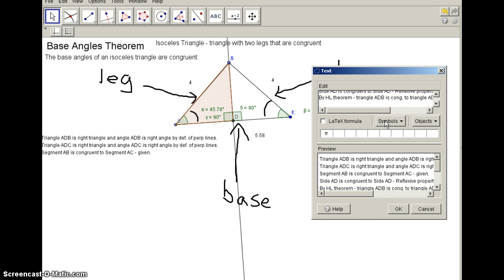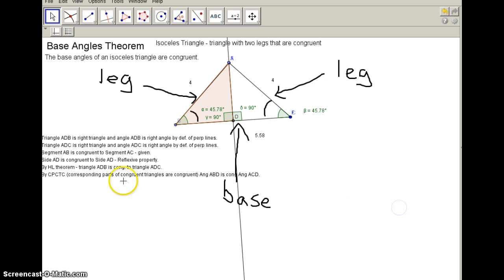So we know by, I'm going to write CPCTC, which means corresponding parts of congruent triangles are congruent. By CPCTC, then angle ABD is congruent to angle ACD. Okay, and that is really our proof right there.